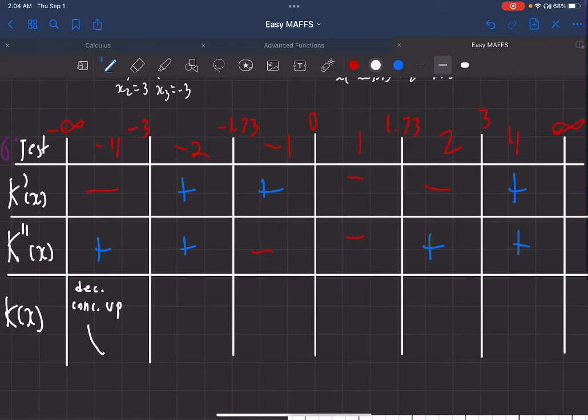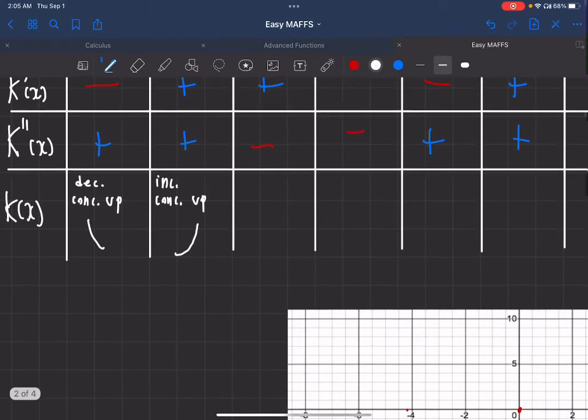How about between negative 3 and negative 1.73? Well, we are increasing and concave up. So what does that look like? Well, you are increasing and you're concave up.